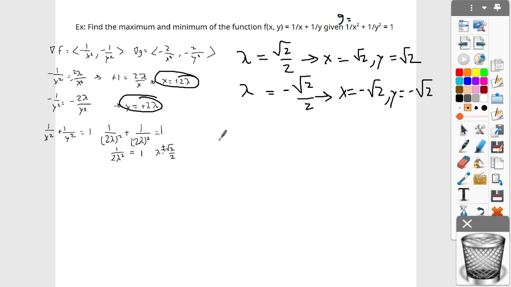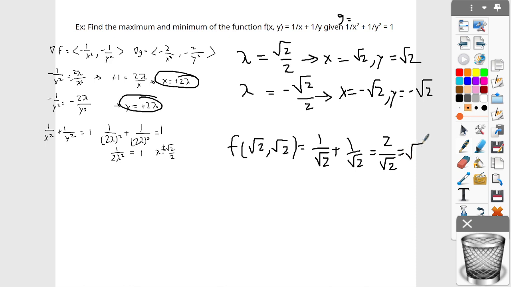So f of (square root 2, square root 2) is equal to 1 over square root 2 plus 1 over square root 2, which is 2 over square root 2, which is square root 2.